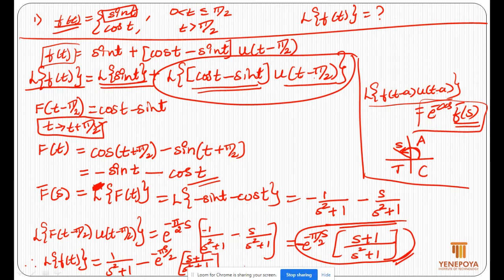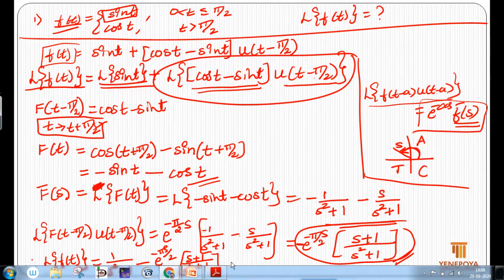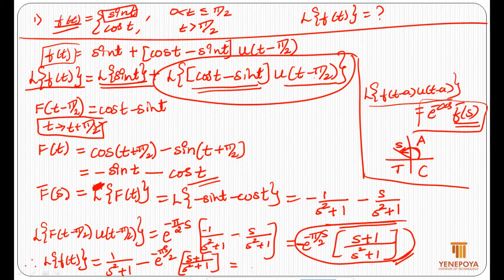Or you can take s square plus 1 as the common denominator, giving 1 minus s plus 1 times e power minus pi s by 2, divided by s square plus 1, as the final simplified answer.